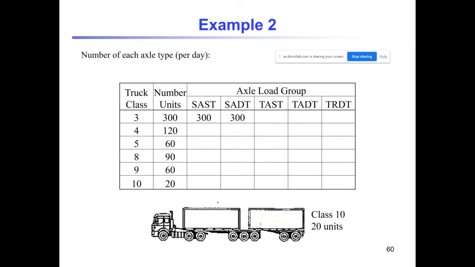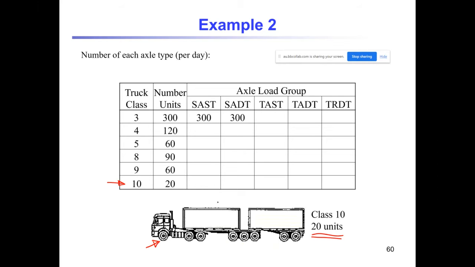For the next class, for example, truck class 10, this is the vehicle. So we have 20 vehicles passing through the road during one day.